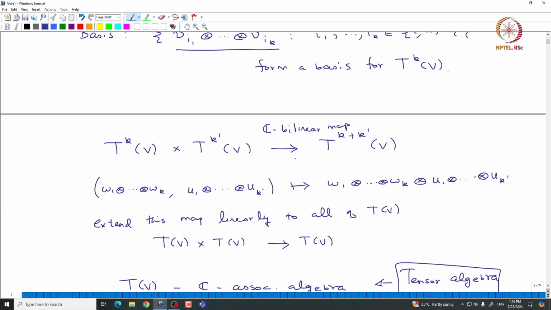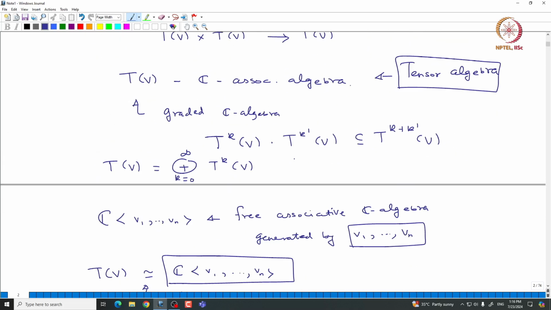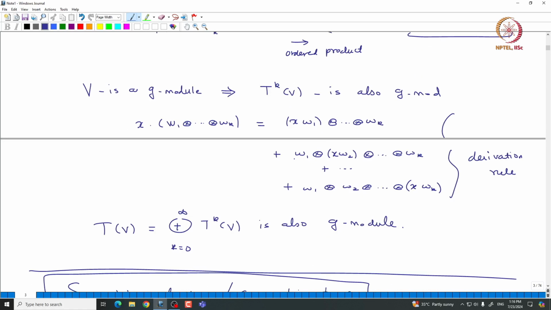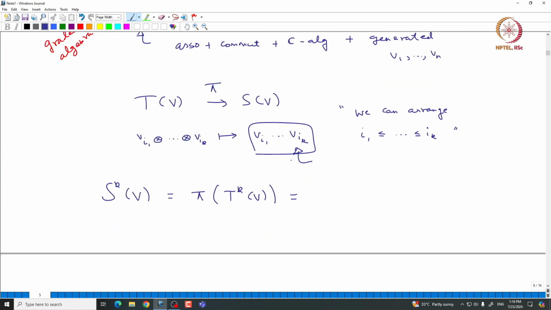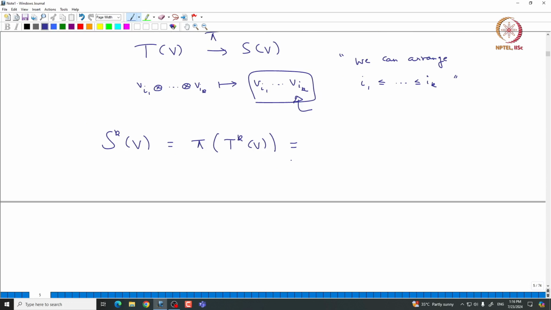So, then if we take that basis and take the image of that, that is going to be a spanning set inside your Sk of V. Okay. So, definitely it is spanned by vi1 etc. vik. We can take all i1 etc. ik coming from 1 to n.